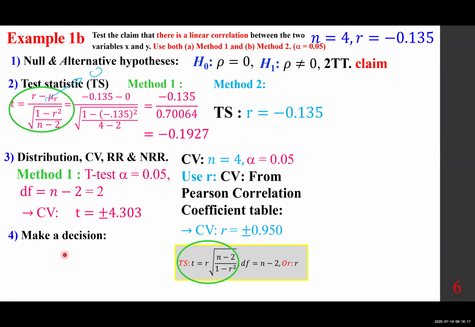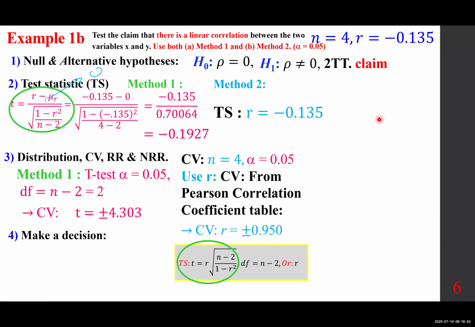So, to make a decision, what do we do? For the t, we draw a normal curve. We have the two critical values of plus minus 4.303 and the test statistic of negative 0.1927.